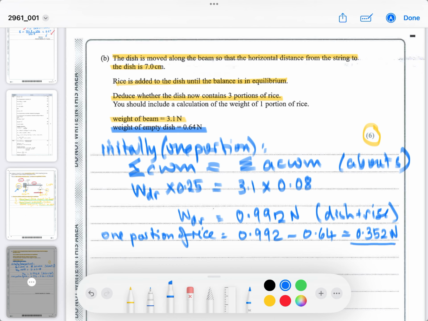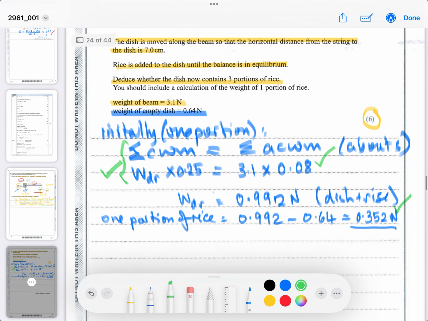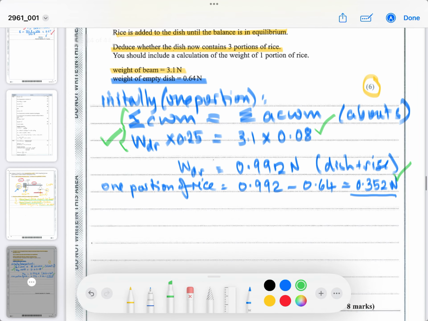Okay? So far, we have got ourselves 1 mark just for knowing how to take moments, 1 mark for balancing the moments, so doing the whole thing here, and then 1 mark for working out the weight of one portion of rice.